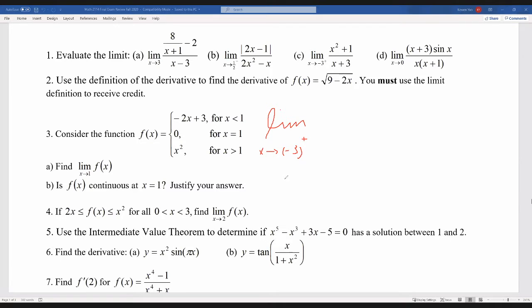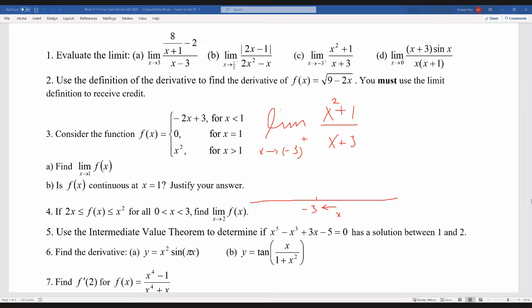Of x squared plus 1 over x plus 3. So this is negative 3, right, x goes to negative 3 from the right side.